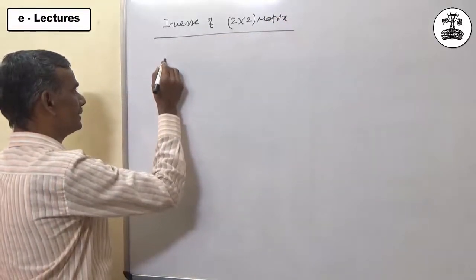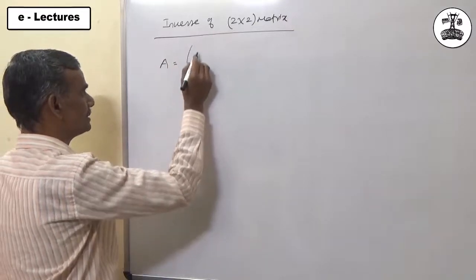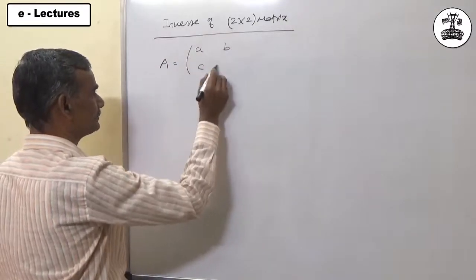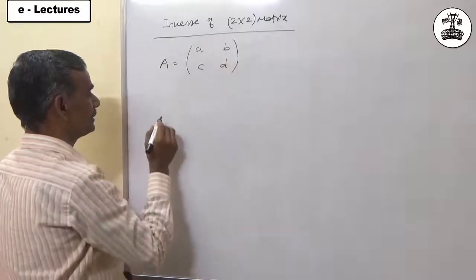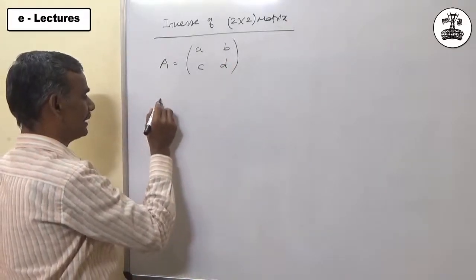So let A is equal to A, B, C, D be any matrix. The inverse of A equal to A inverse.